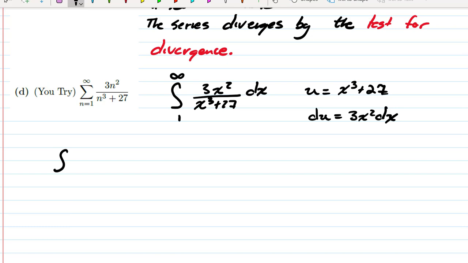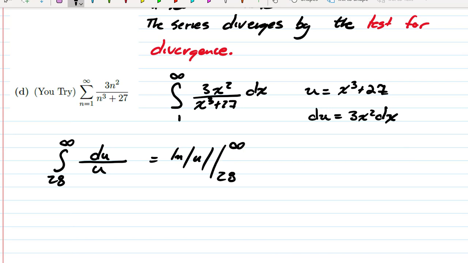We plug in 1: 1 cubed is 1 plus 27 is 28. Infinity cubed is still infinity, and infinity plus 27 is still infinity. Then our 3x squared dx becomes du divided by u. So once again, we get the natural logarithm of the absolute value of u evaluated from 28 to infinity, which is infinity, and that diverges. So since the integral diverges, the series also diverges.